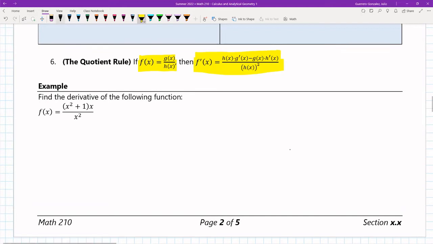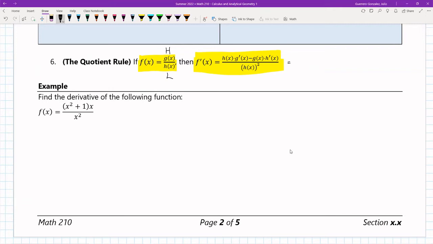Long ago, somebody figured out a mnemonic to help people remember how to find this. Let's say you called the top one the high function, and let's say that you call the bottom the low function. So the top one's high, the bottom one's low.